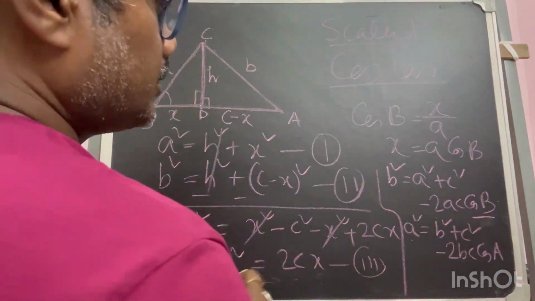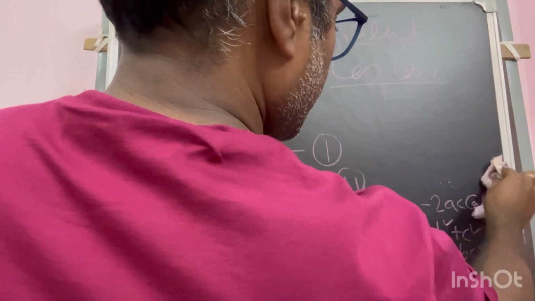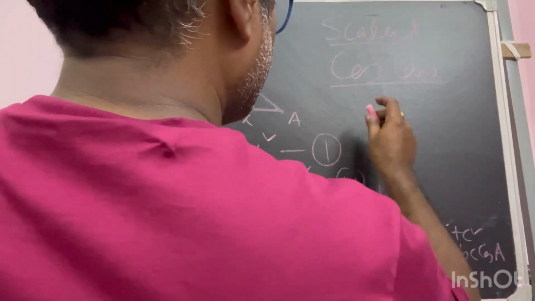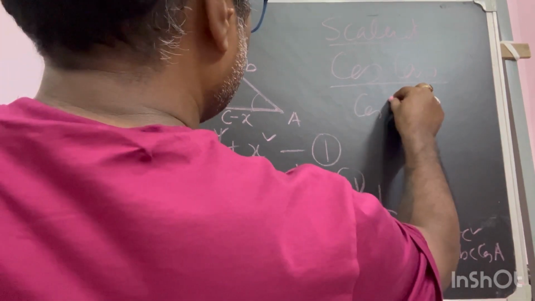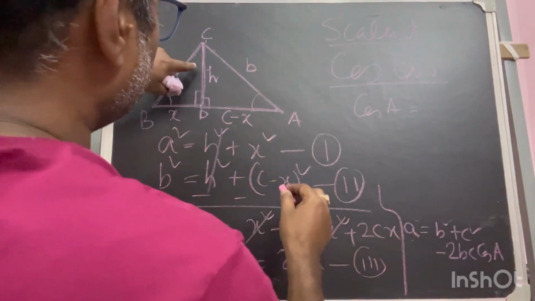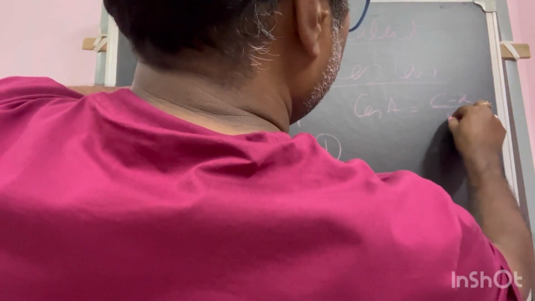Now let me write it. If I consider this angle, cos of A, what will come? That is c minus x by b.